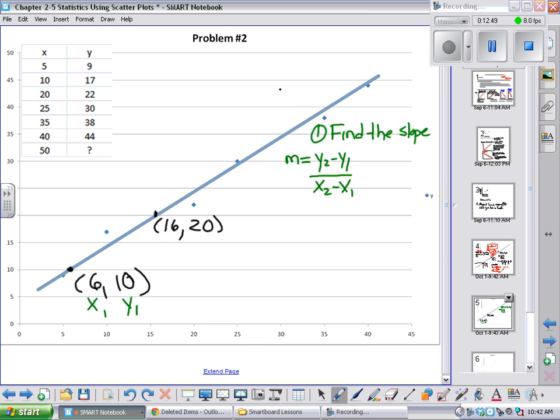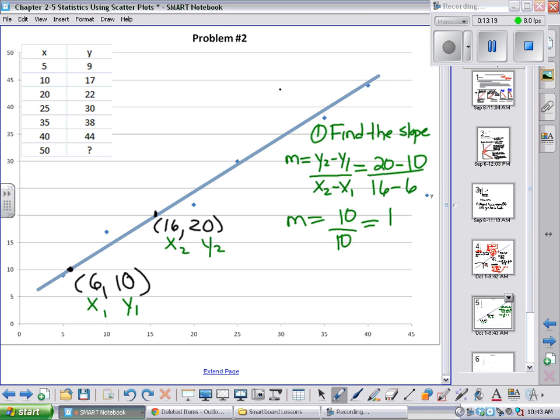Again, go and label your points, x1, y1, x2, y2. And then I'm left with 20 minus 10 over 16 minus 6. So m equals 20 minus 10 is 10. 16 minus 6 is 10. 10 over 10 equals 1. So my slope is 1.